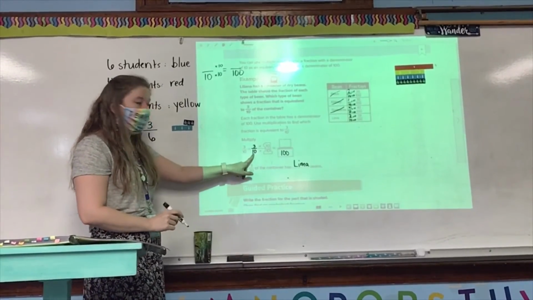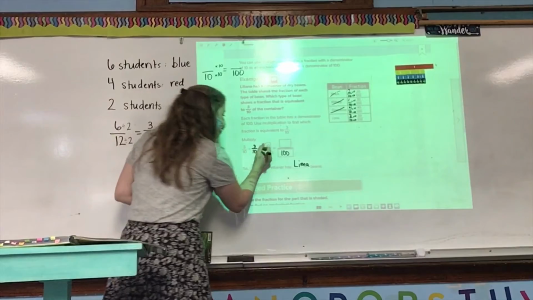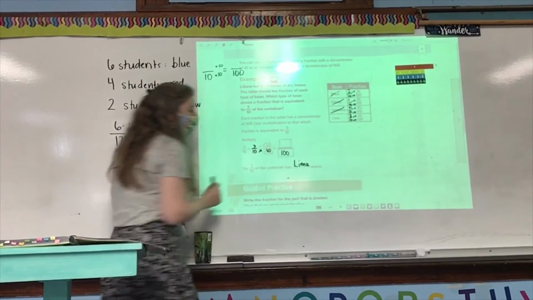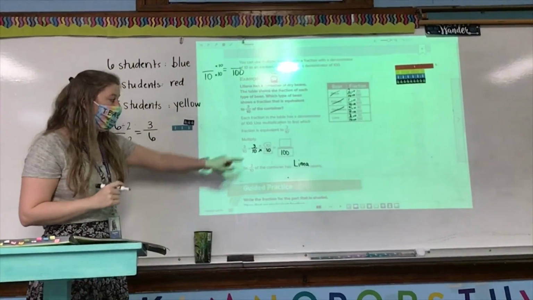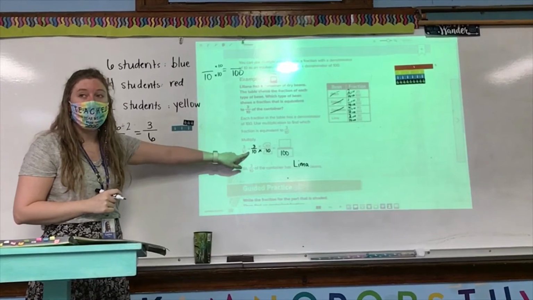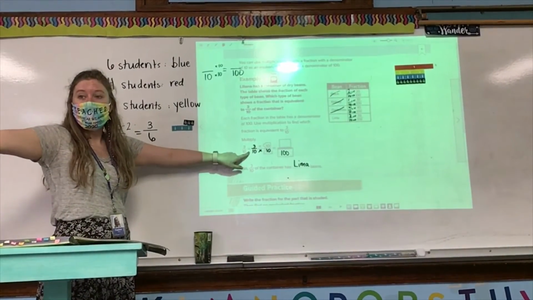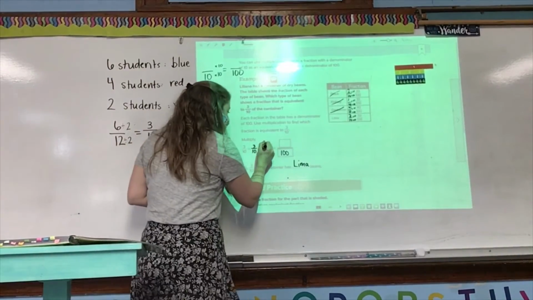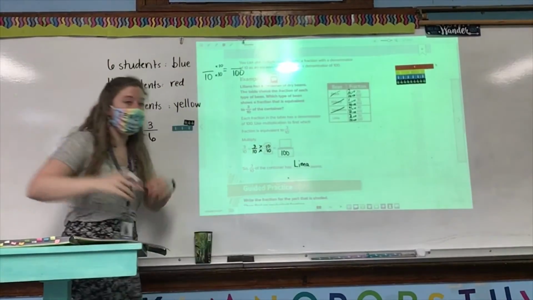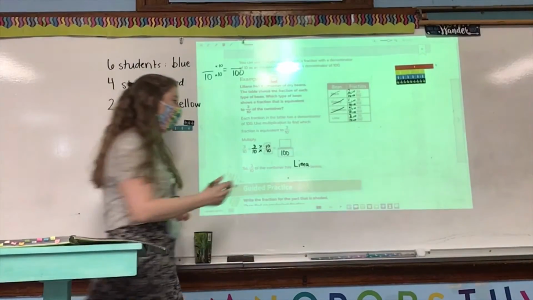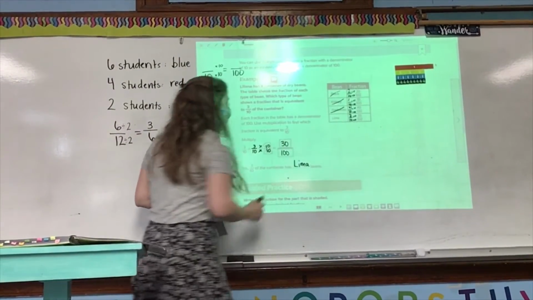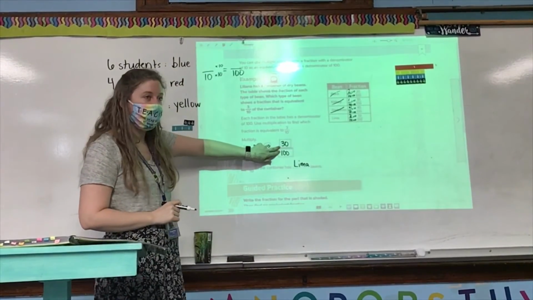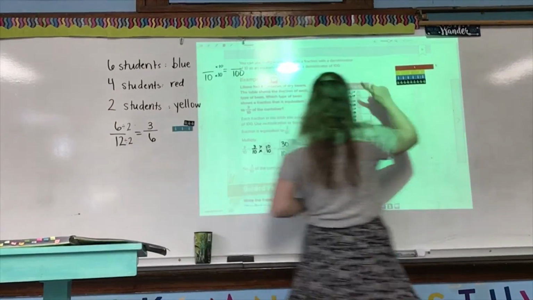So then we thought, okay, what do we do to 10 to get 100? Well, we multiply it by 10. Whatever we do to the denominator, we also have to do to the numerator. So 3 times 10 equals 30. And then we would find 30 hundredths on our table.